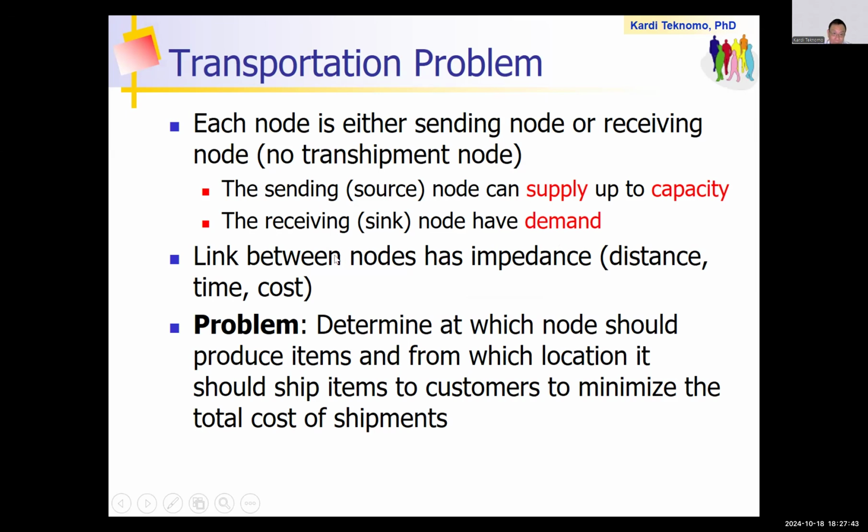Then you have a link between the nodes that represents the generalized cost, the distance, time, or cost. So the question is to determine this link flow: at which node should produce items, and from which location should ship the items to minimize the total cost of the shipment.